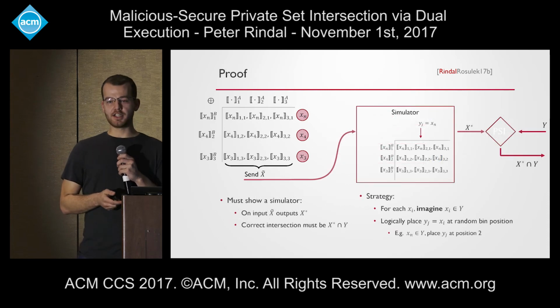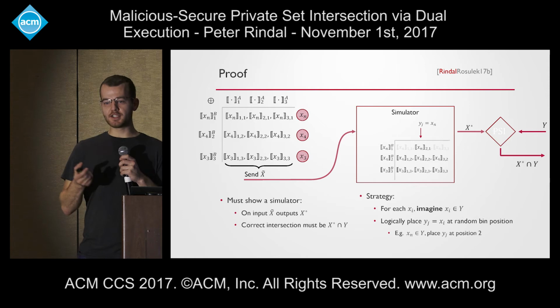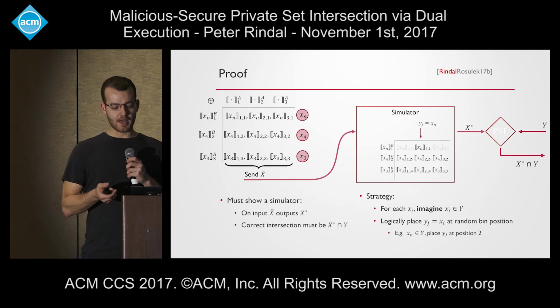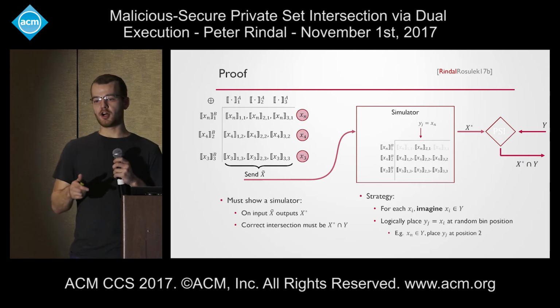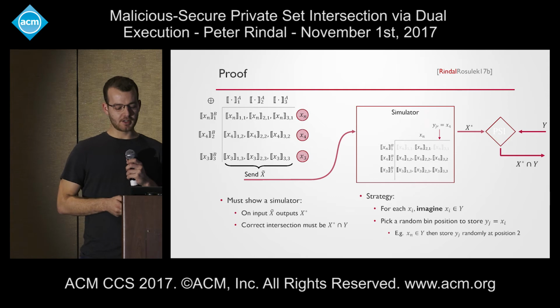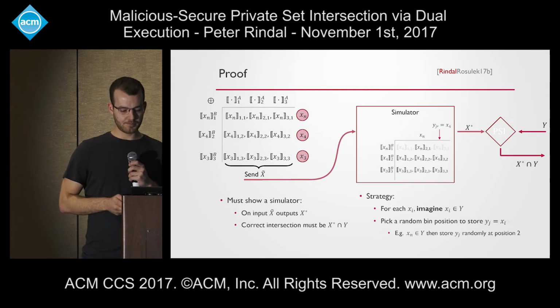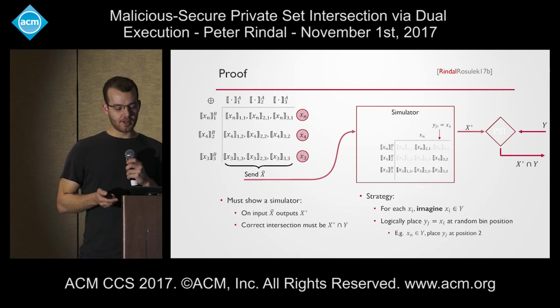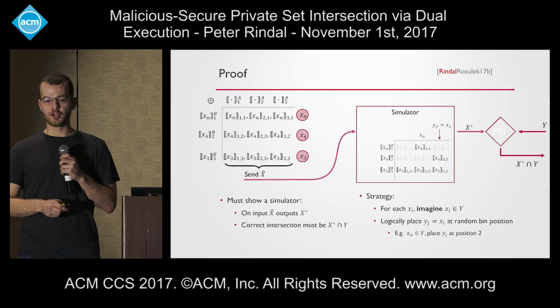The basic strategy is that for each of these xi terms, the simulator imagines that it might be in the intersection. In this case, there must exist some yj term that was placed in this bin in one of the columns, and we place them in columns in a random order. So the simulator plays a mental game where it places this yj, which equals the corresponding xn, in one of the columns. And as before, this allows us to ignore the encodings that are not in the corresponding columns.